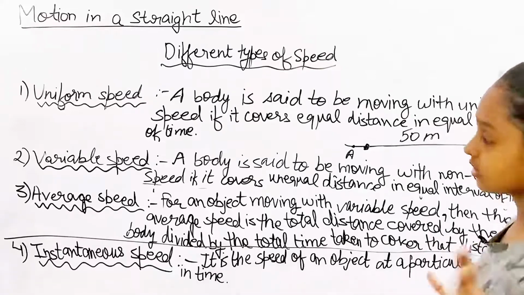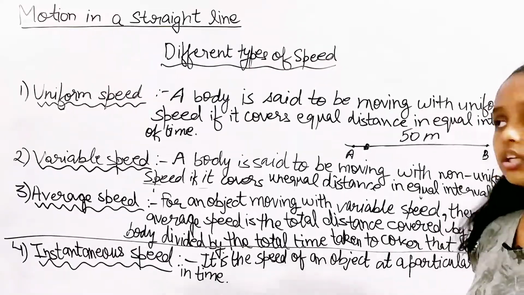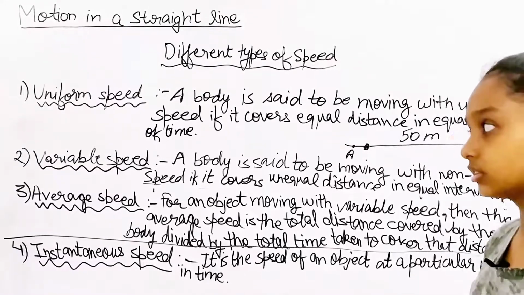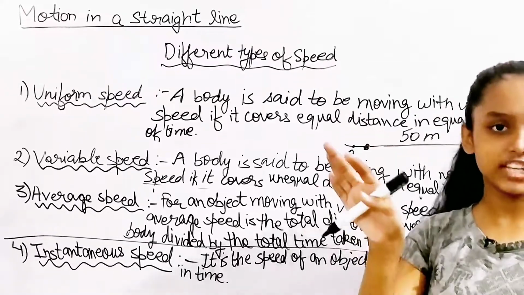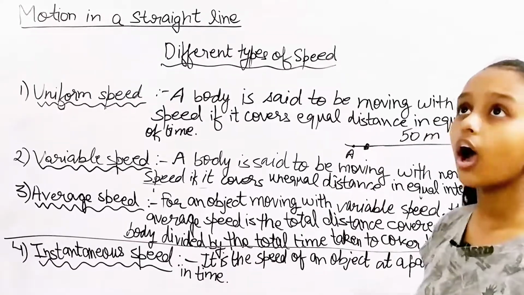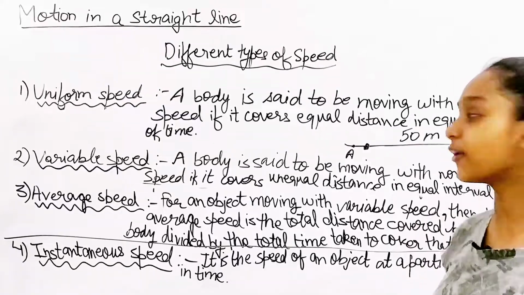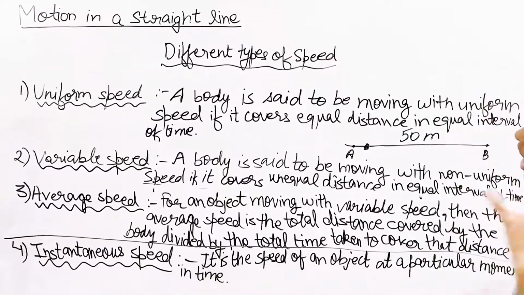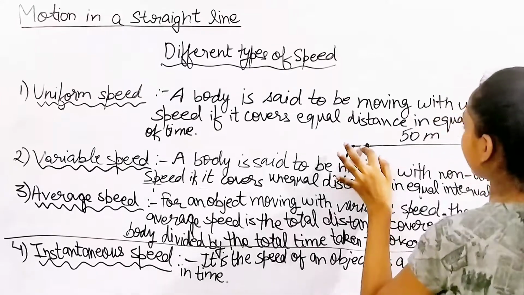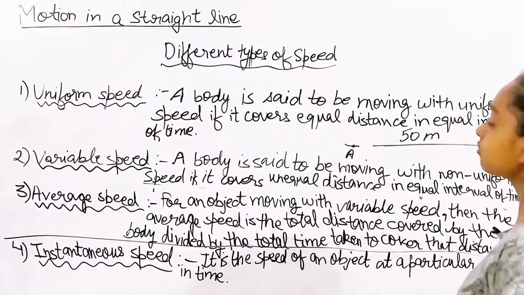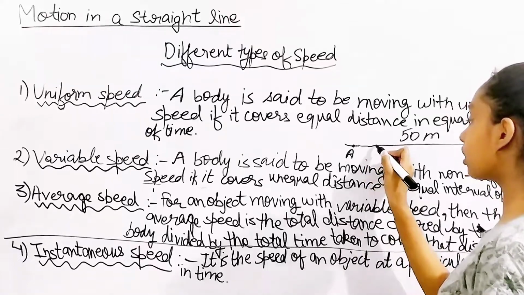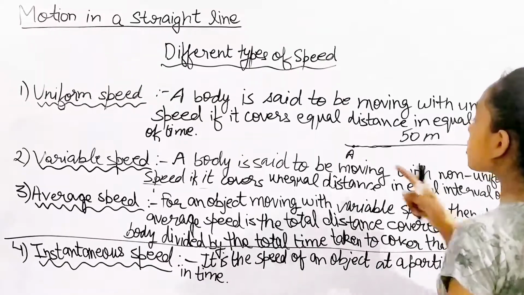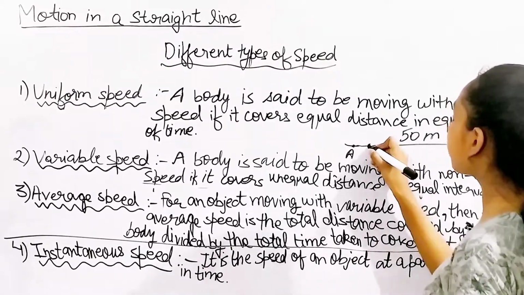Let's take 20 seconds. Okay, 20 seconds is too fast, right? Let's take 15 seconds. I can't remember exactly what I said earlier, but let's finally take 20 seconds. Not everyone can run that fast, but whatever. So the body took 20 seconds to cover 50 meters.